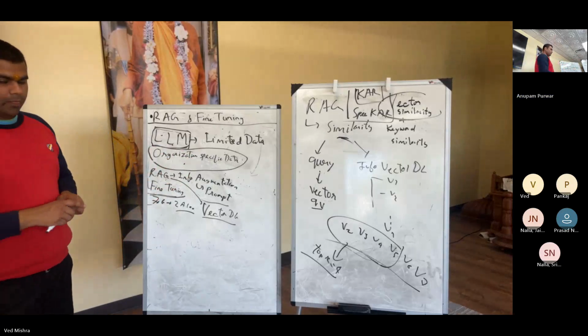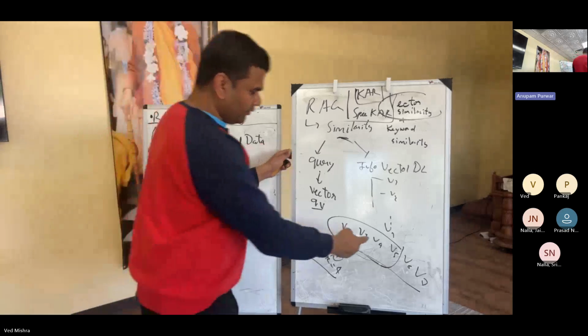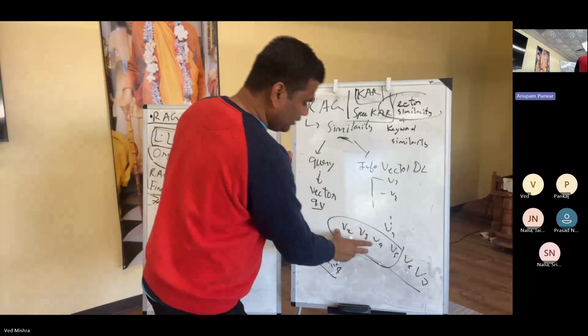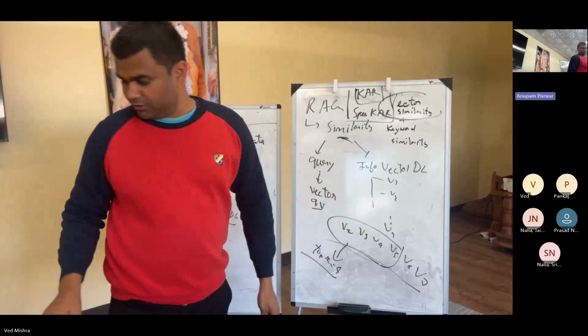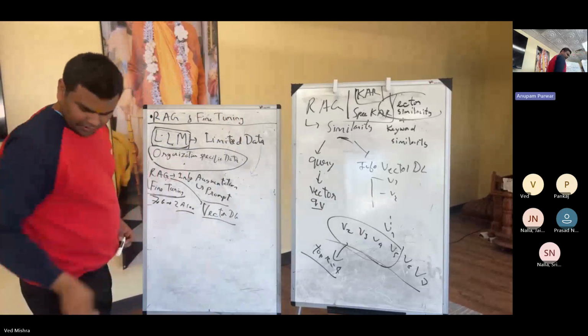So the RAG approach is clear: we get these additional pieces of information, these vectors, and then the query.